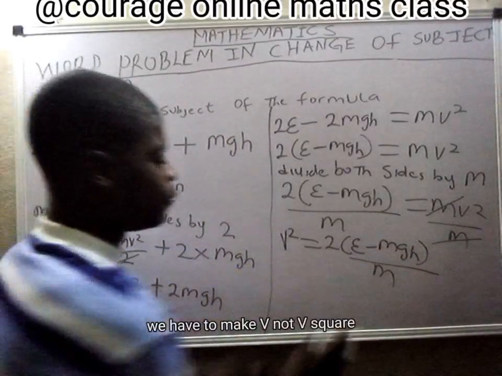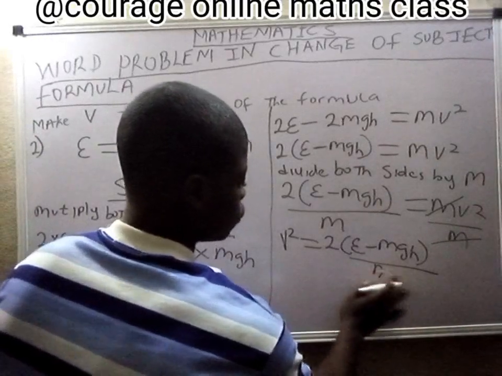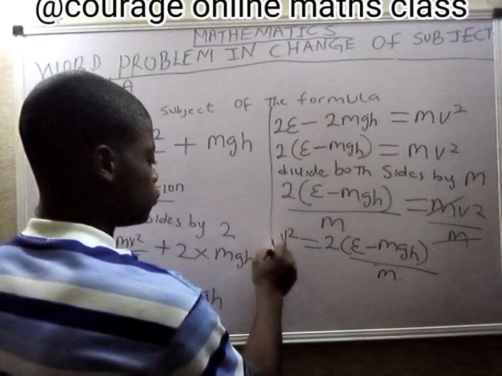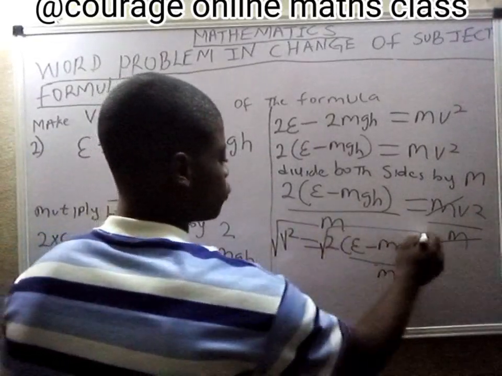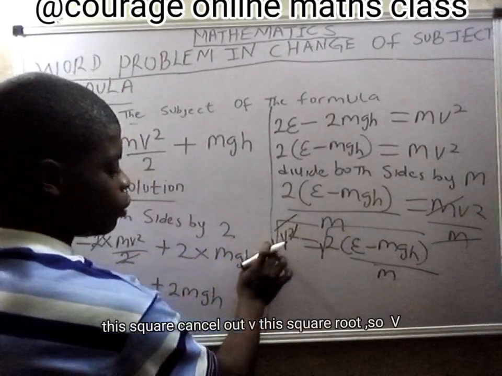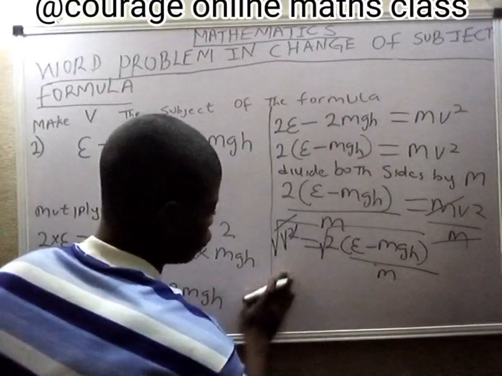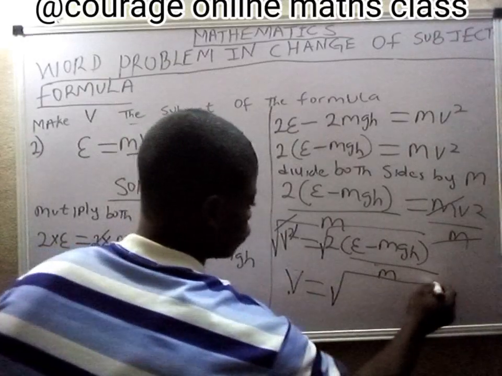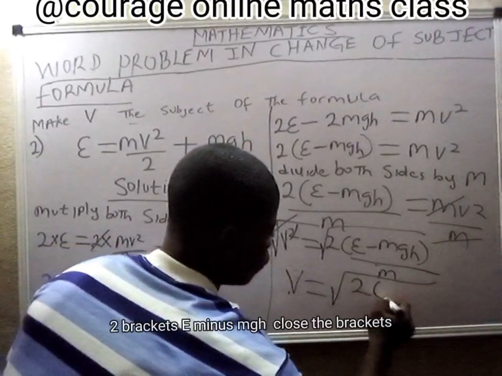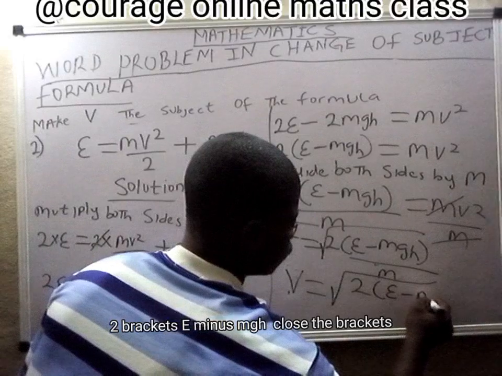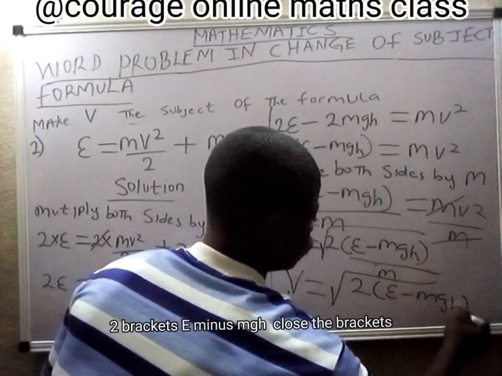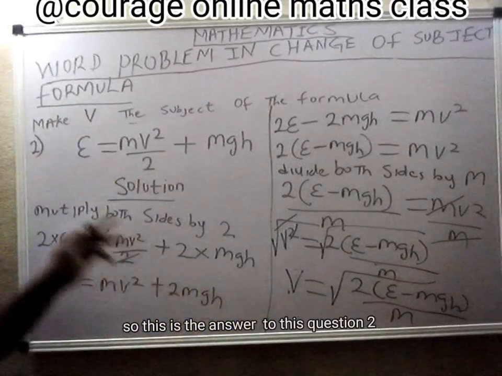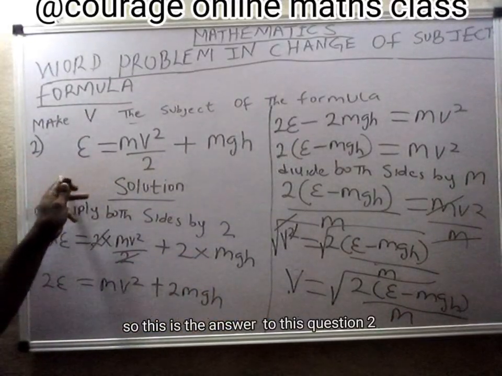We have to make v, not v square. So what to do? We put square root in both sides. This square cancels this square root here. So letter v equals root 2 open bracket e minus mgh, close the bracket, all over m. So this is the answer to this question 2.